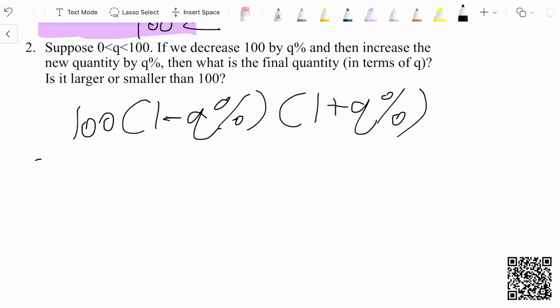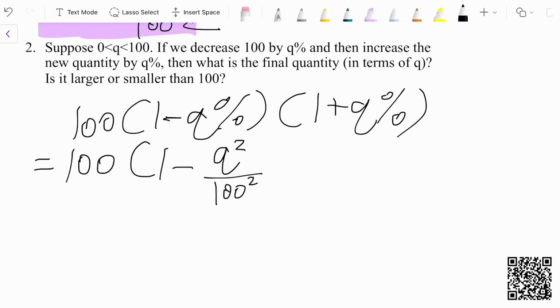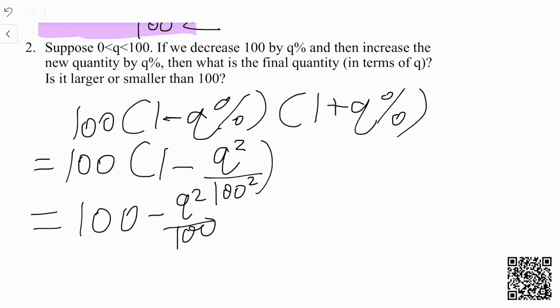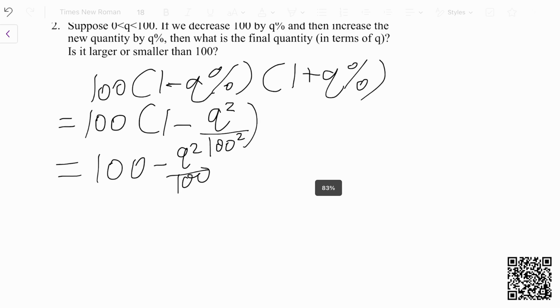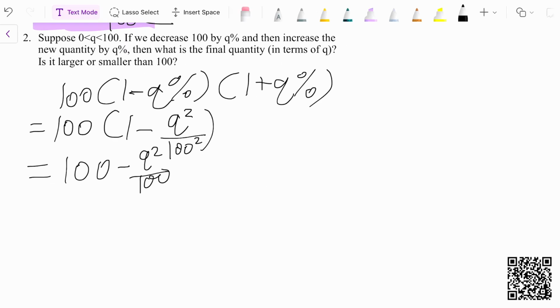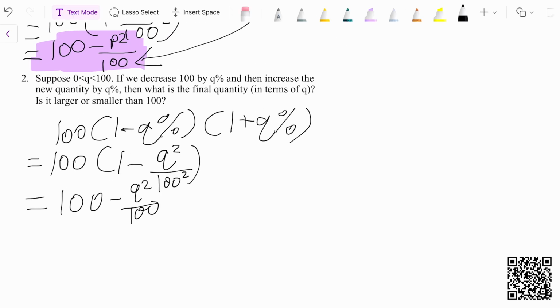Then we can use the same formula that I used in problem number 1. 100 multiplied by (1 minus q%) times (1 plus q%), which gives 100 times (1 minus q squared over 100 squared), and then 100 minus q squared over 100. And as you can see, this is literally the same exact thing as the one above. It's still smaller. The final quantity is the same, except it's q instead of p.